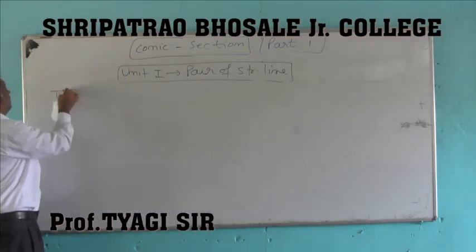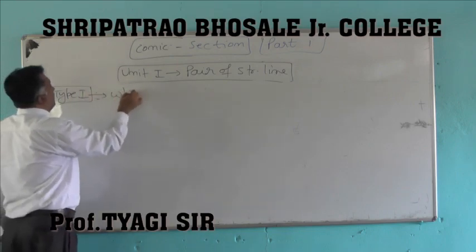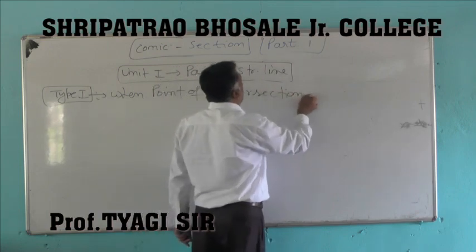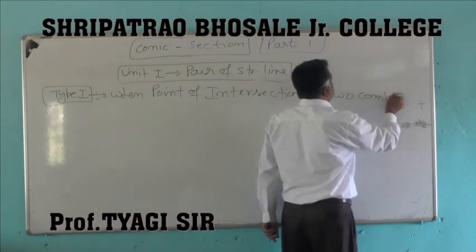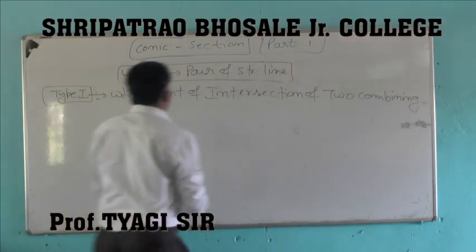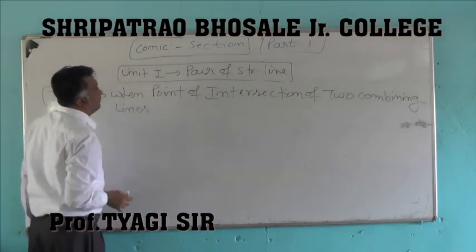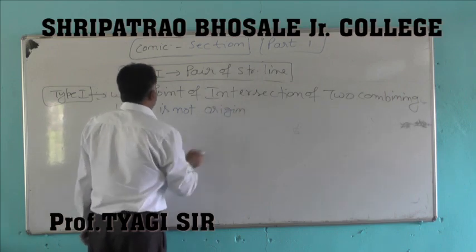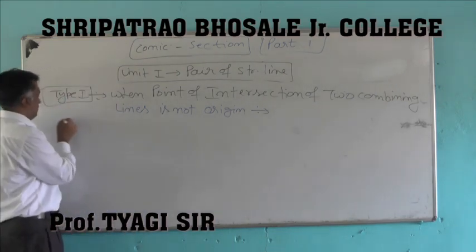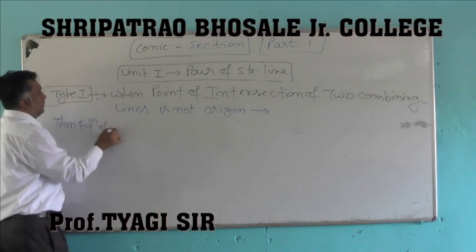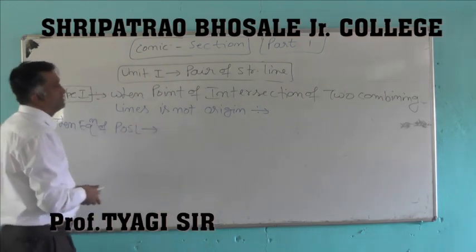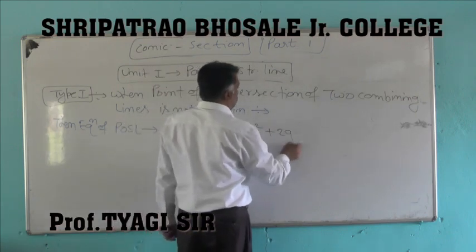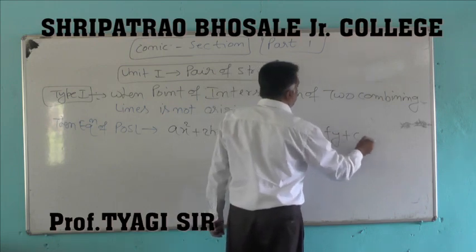At first, when the point of intersection of two combining lines is not origin, then the equation of pair of straight lines will be ax square plus 2hxy plus by square plus 2gx plus 2fy plus c equal to 0.